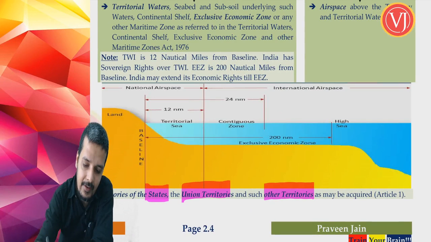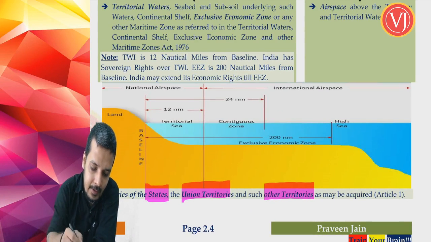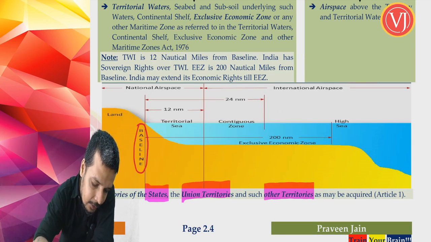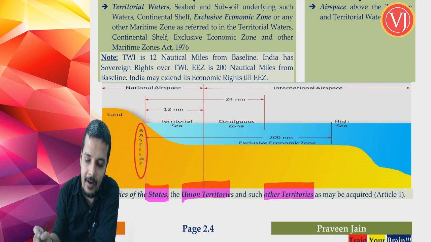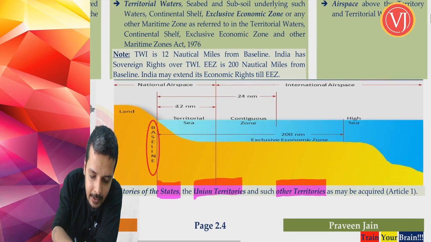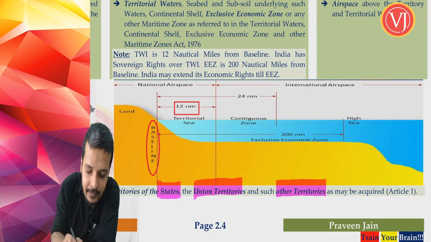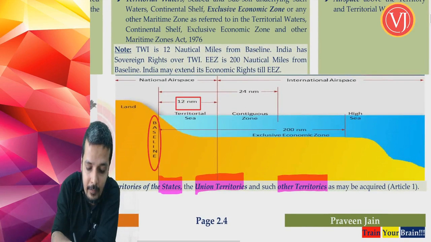First you have to understand that it always starts from the baseline. From the baseline you have to calculate 12 nautical miles, and that will give you the territorial waters of India, or territorial sea.